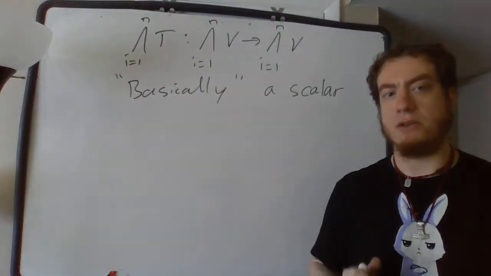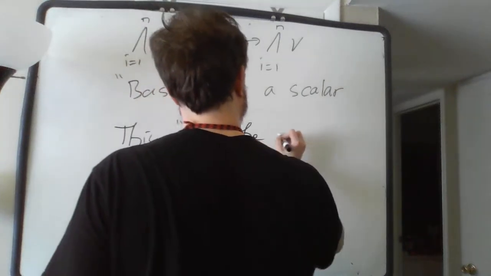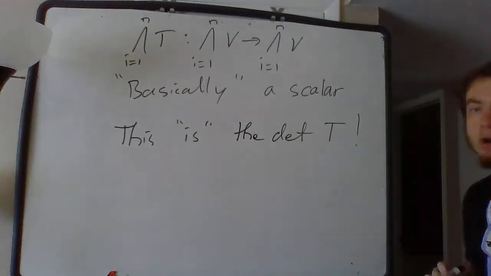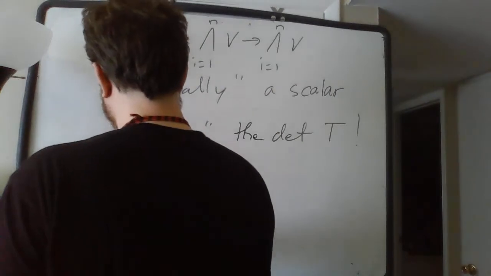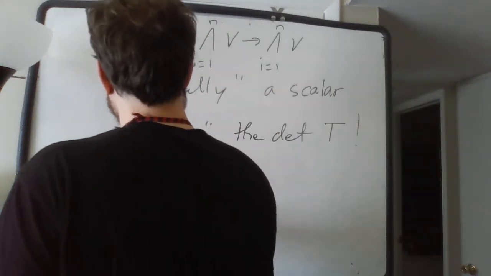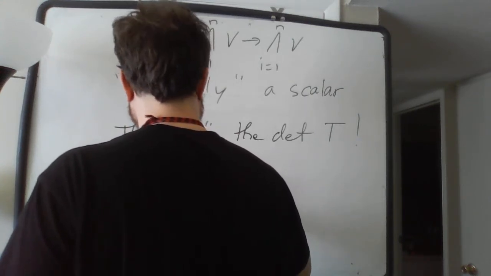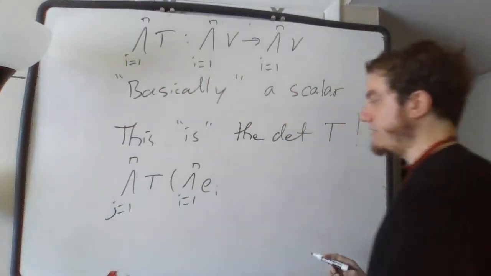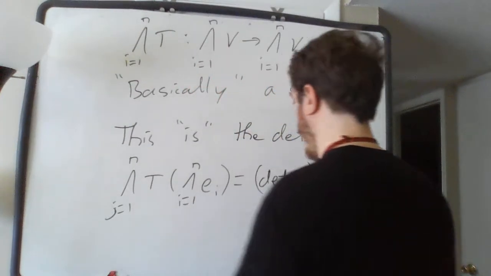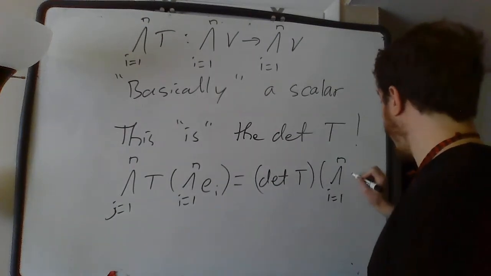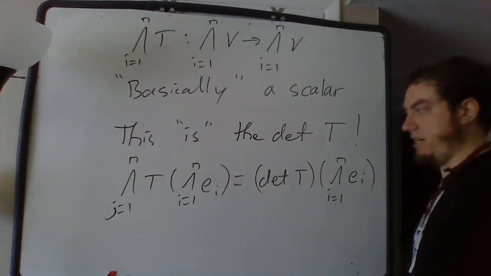This is literally just the determinant of T. So, to be more precise, what we can say here is that the wedge from i equals 1 up to n of T, acting on the wedge from i equals 1 up to n of the e_j, I should use j there just so I'm not doubling up my indices, is equal to the determinant of T times the wedge from i equals 1 up to n of e_i. So we scale everything by the determinant.